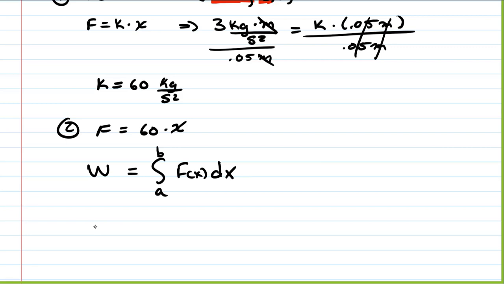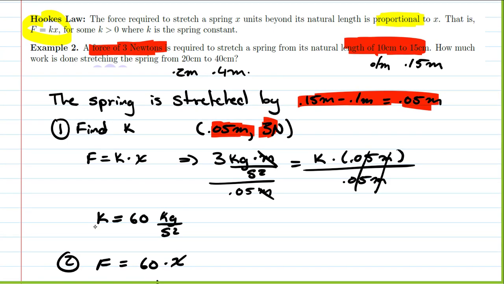So now we need to calculate our upper and lower limits of integration. Coming back to what we did up here, we'll notice we stretched from 20 centimeters to 40 centimeters, but what was the natural length of our spring again? 10.